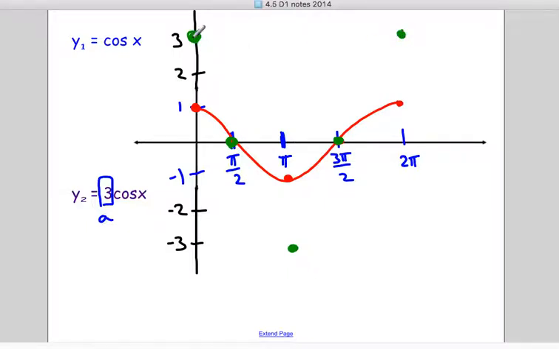So now when I connect the dots, okay, what I got now is my red graph got stretched vertically. It didn't change horizontally or anything like that, just vertically it's stretched. It didn't shift up or down, just stretched.